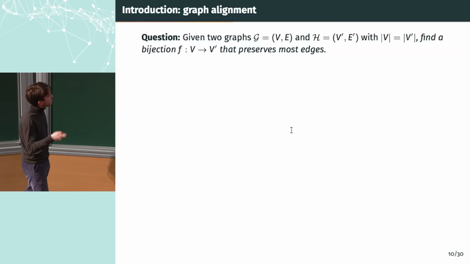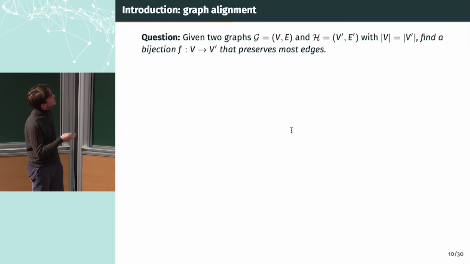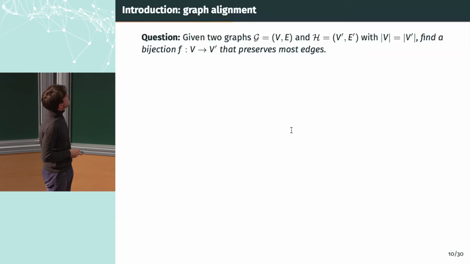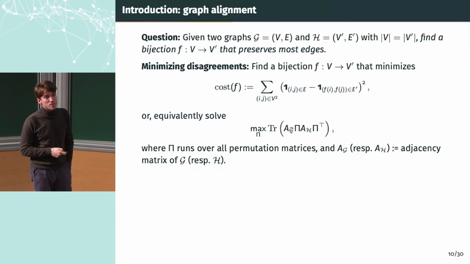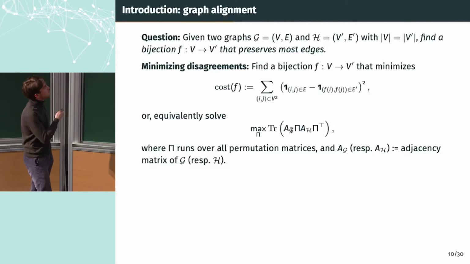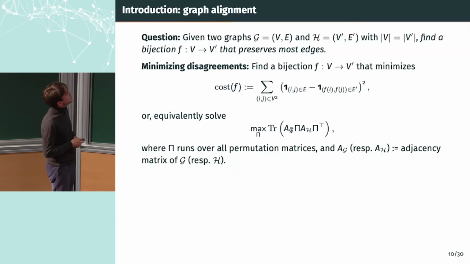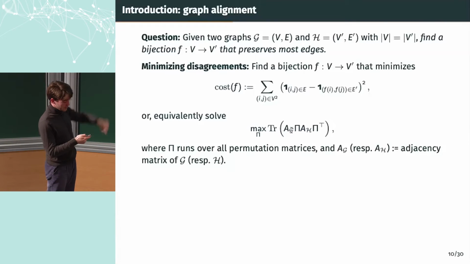Now let me formalize the question. We have two graphs with the same number of nodes, and we want to find a bijection that preserves most edges. What I call an optimal solution is a solution that minimizes this cost over here.